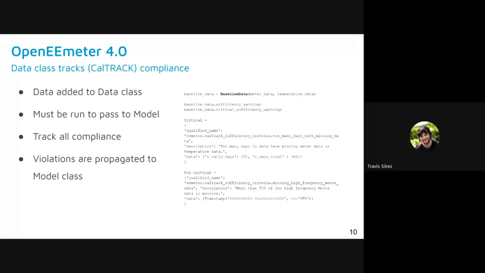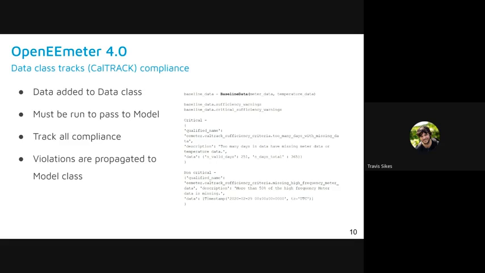We have not set up a way to override it in the sense that you can change the criteria. Now, if you wanted to do that, you could go ahead and inherit the class and change the things that you want to change. That's a bit more low level, but if you do not want to follow the Caltrack criteria, there are two ways that we're going to handle this.